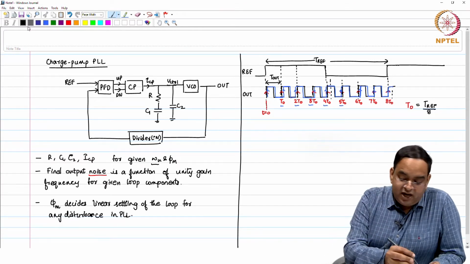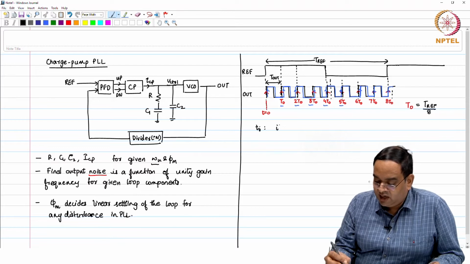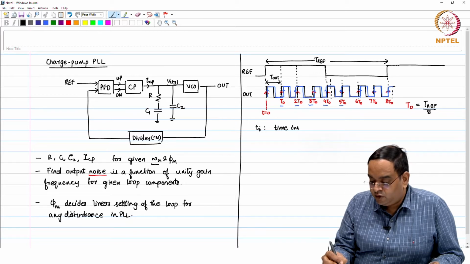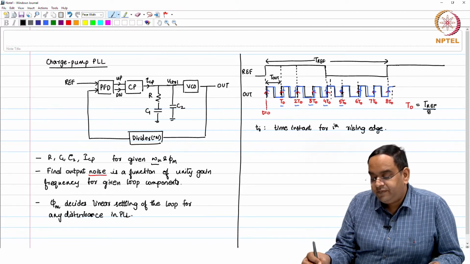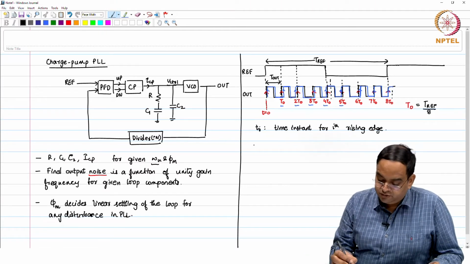Let me just mark this. T_i is the time instant for the ith rising edge, and the ideal rising edge you already know here.